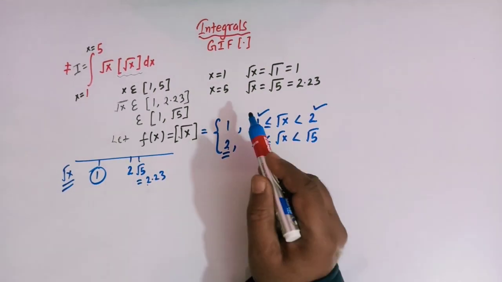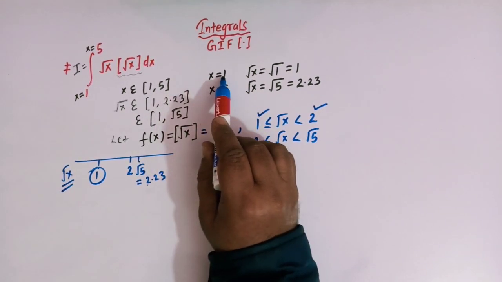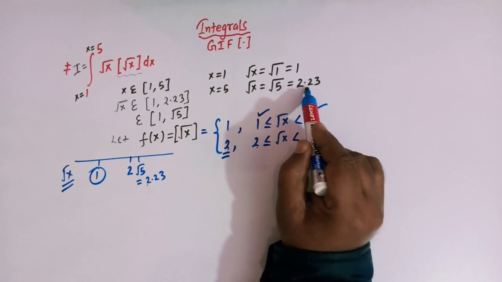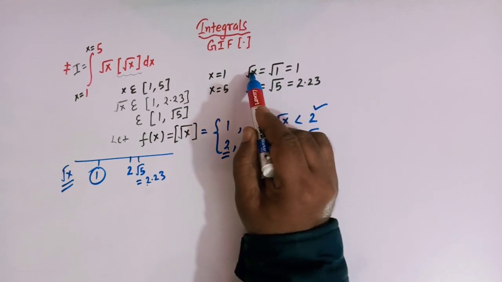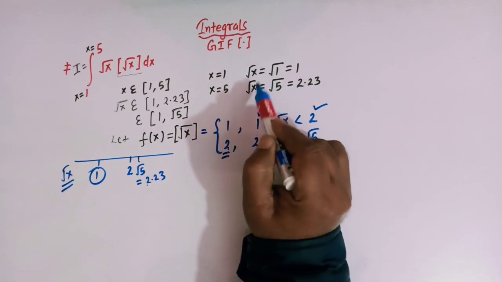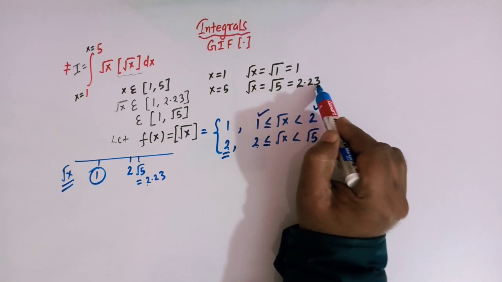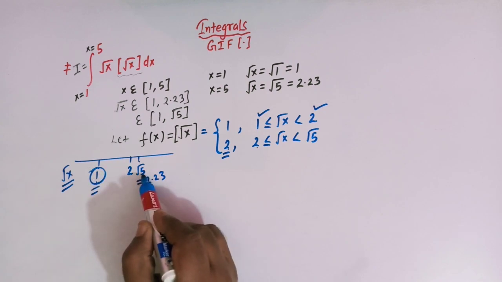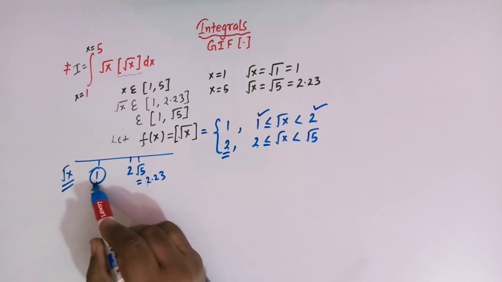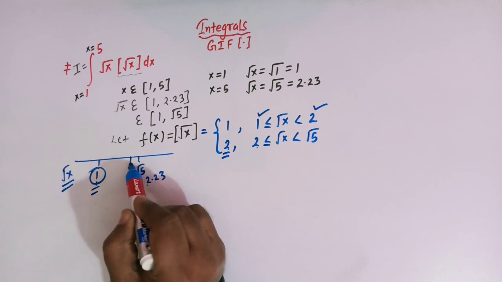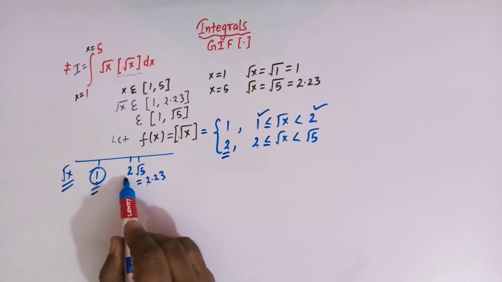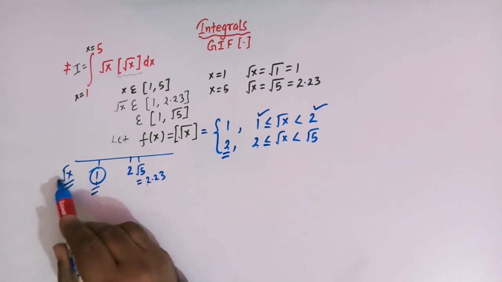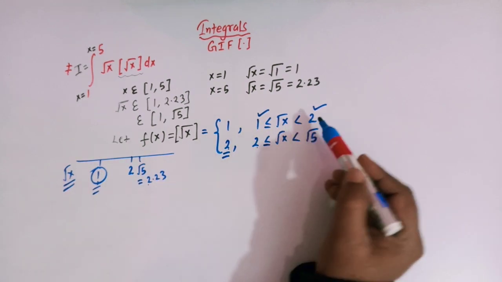So here, when x is 1, the square root of x is 1. When x is 5, the square root of x is 2.23. So the square root of x varies from 1 to square root of 5, and between 1 and square root of 5 we have the integer 2. So we have split this function into two parts.